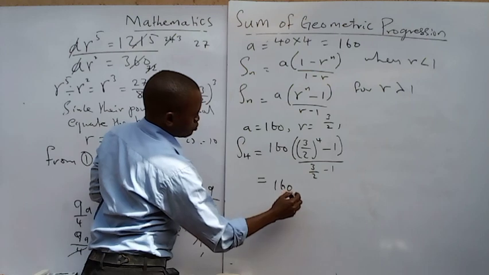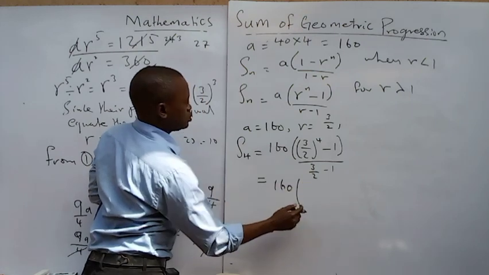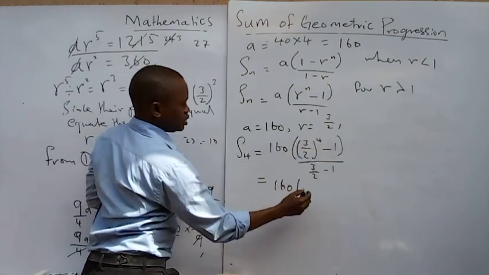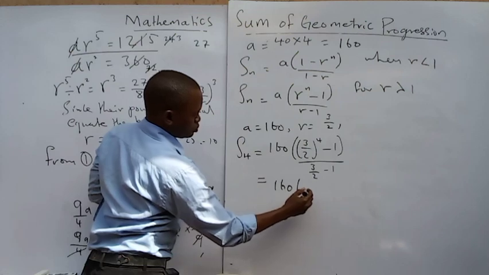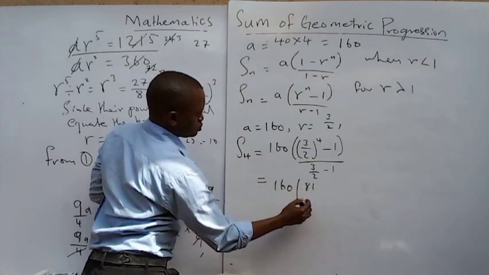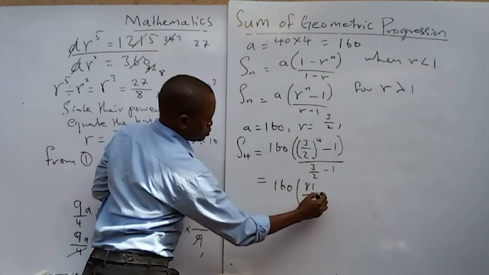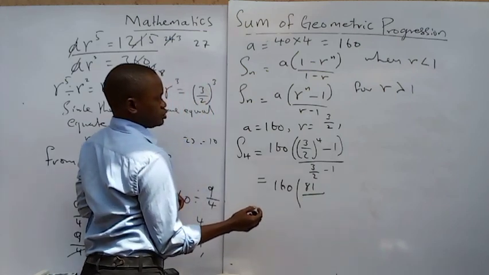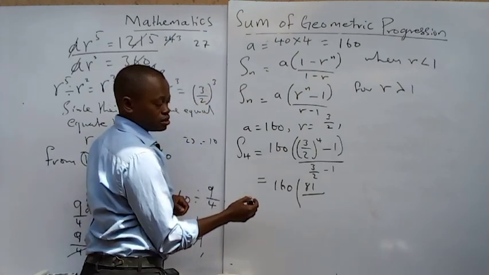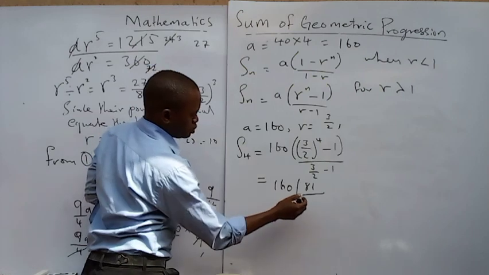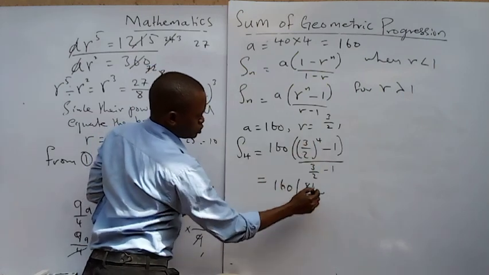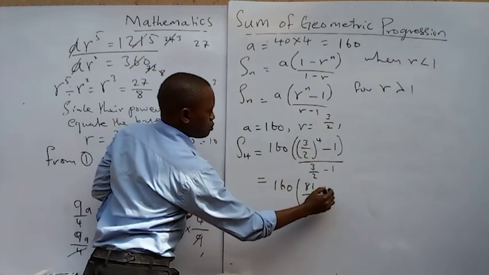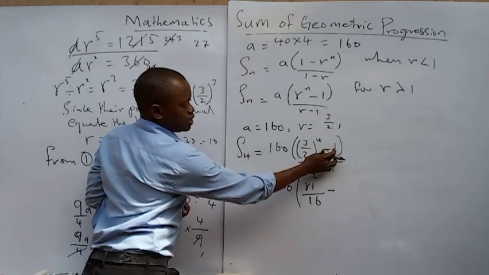160 in bracket, 3 raised to power 4 should be 81. 3 raised to power 3 is 27. 3 raised to power 4 is 81. All over, then 2 raised to power 4 is 16. Then minus 1.